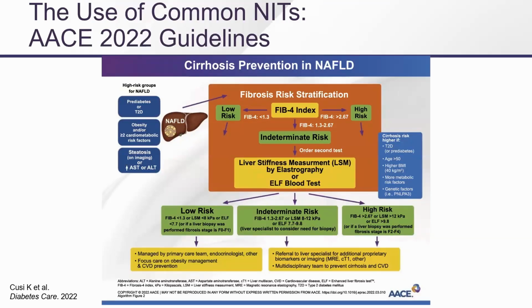And depending on where those patients are, they can be funneled into remaining with you in primary care, or into hepatology care for more aggressive management of liver-related disease, or aggressive endocrinology care for management of cardiometabolic risk factors.